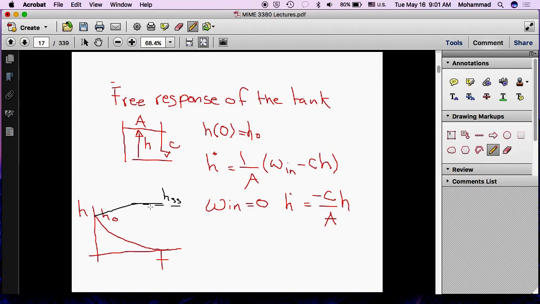It doesn't matter whether the initial condition was 1 unit or 25 units, or was negative 5, if a system can have a negative initial condition. So the speed of response and the time that it takes for the system to settle does not depend on the value of input or the value of initial condition. And you've seen it also in the past. You started from various initial conditions, and it took the same amount of time to reach steady state.